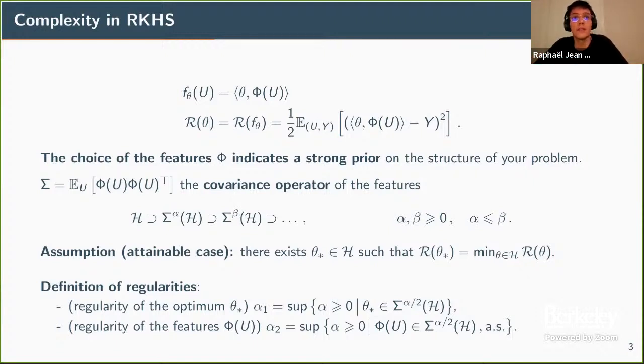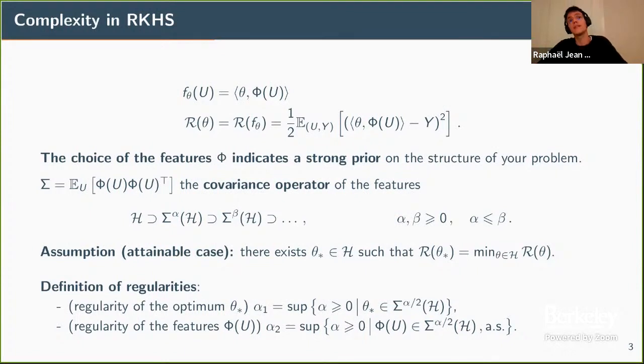So it's an operator sigma, and it goes from an infinite dimensional space to an infinite dimensional space. And you define the image of the powers of sigma. So the larger the power, the smaller the image, and this defines a nested sequence of subspaces of H. And these are spaces of regularity. So the larger the exponent, the more regular are the elements in the image.